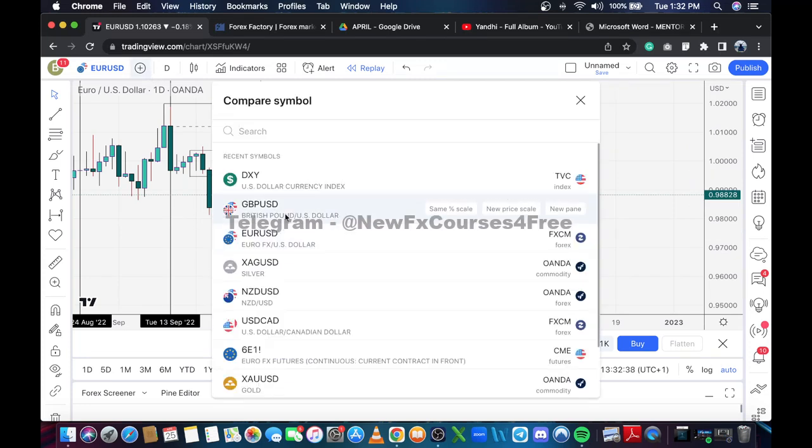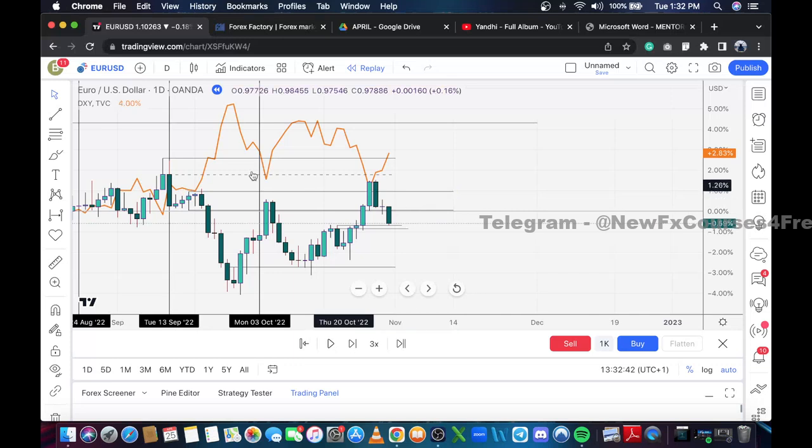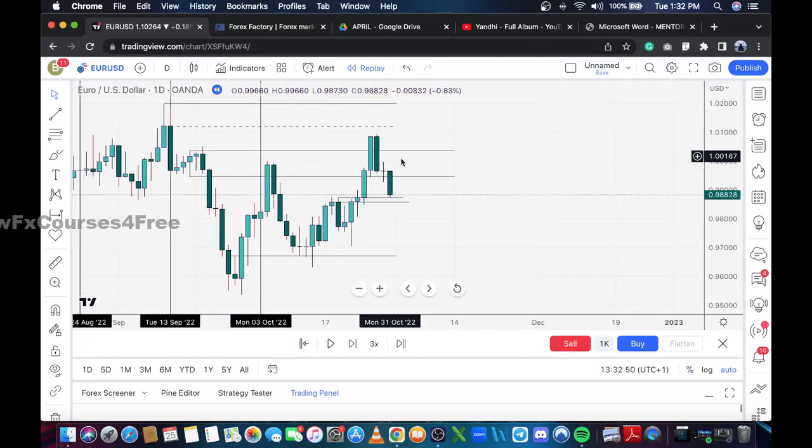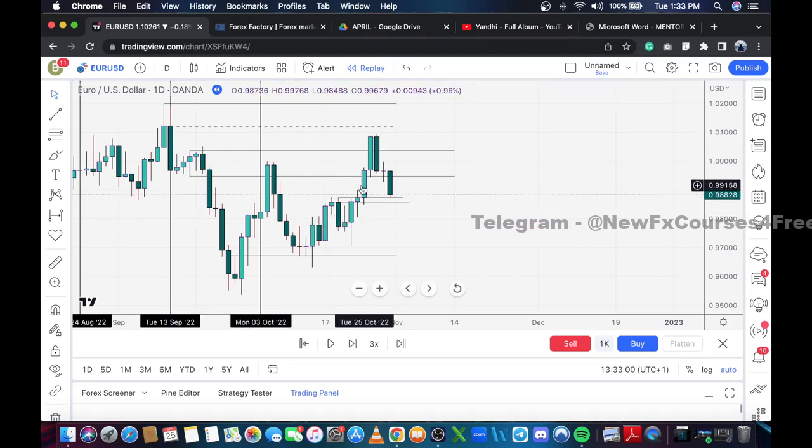So let's compare. Dollar is running lower, while euro dollar is running higher. So this is a healthy sponsorship of delivery. Again, that does not mean we go in and look for shorts just because we've seen price run lower. There's no reason to look for shorts if dollar is showing a healthy sponsorship with euro dollar.